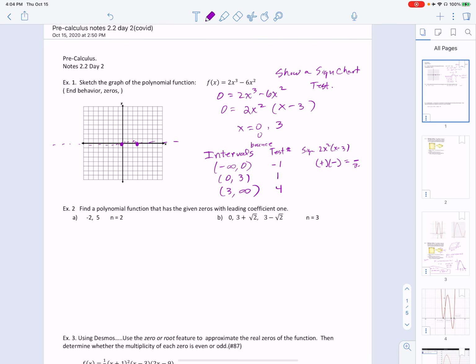So I expect that in that interval, the function will be below the x-axis. And then as I test 1, 2 times 1 squared is positive. And if I put 1 into x minus 3, I get 1 minus 3, which is a -2. That's negative. And again, I get out a negative. So the graph is going to be below in that interval.